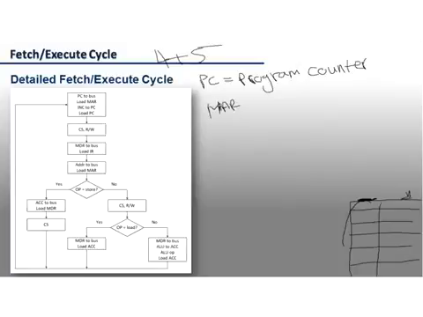Let me explain. The program counter will ask, do we have an instruction? What is the location for the data that we have? So it will communicate to the MAR through the bus. What is MAR?